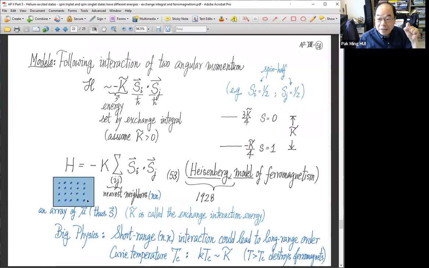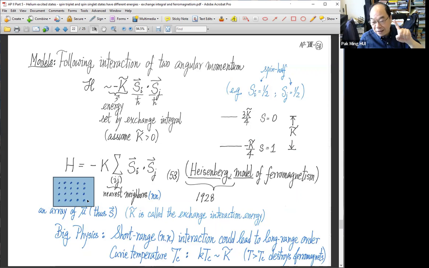Now, that is something I think is one of the biggest discoveries in humankind in the 20th century. You don't need long range interaction in order to influence another spin far away. All you need is local. Talk to your neighbor. Do this, do this. The neighbor and the neighbor do this, okay?